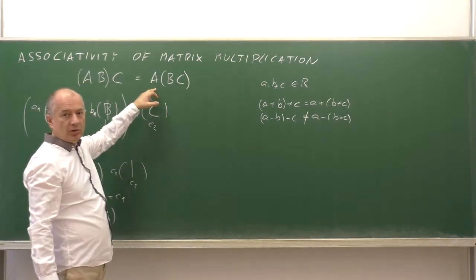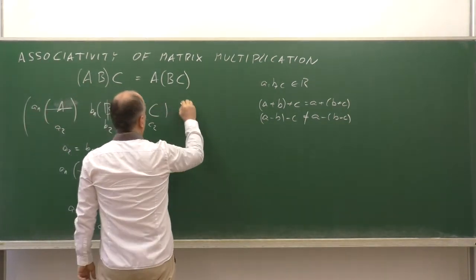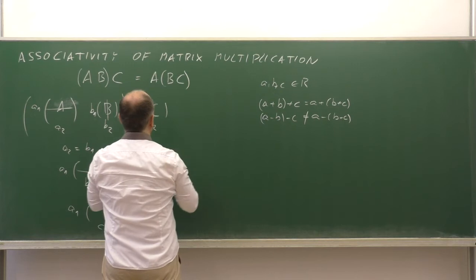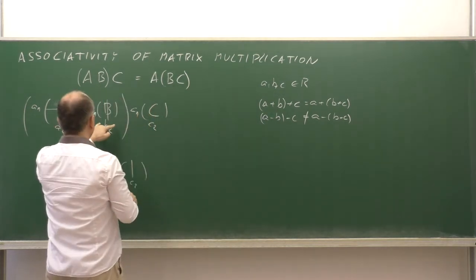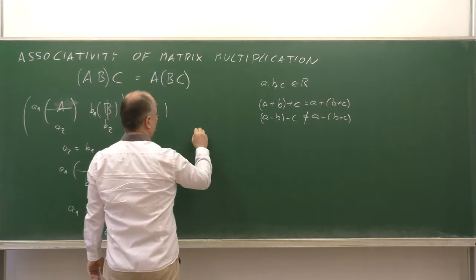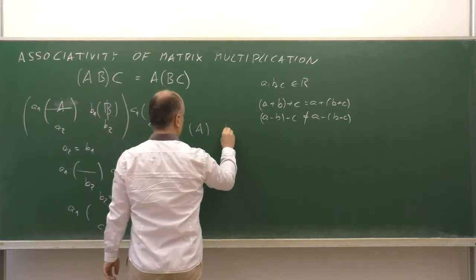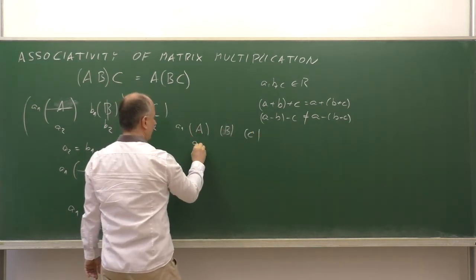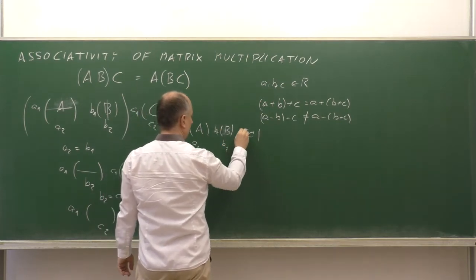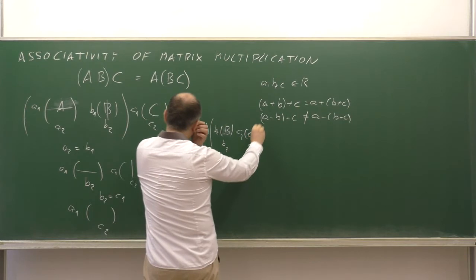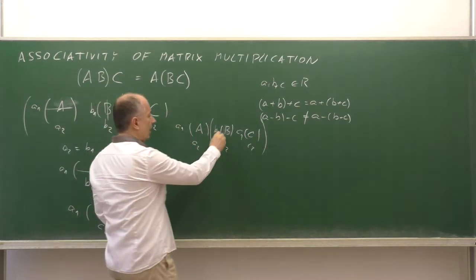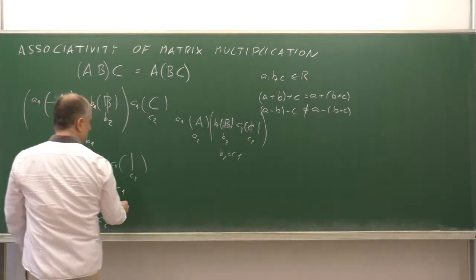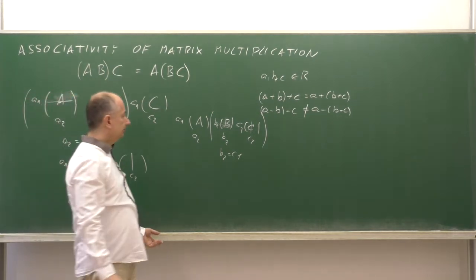And for the expression on the right to make sense, for BC to exist, we must have that B2 is equal to C1. But this is exactly the condition that we have seen already.